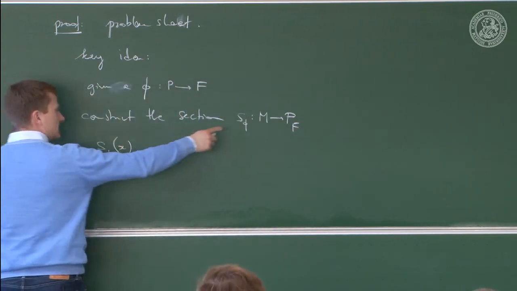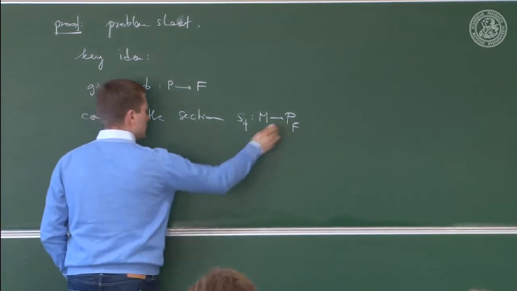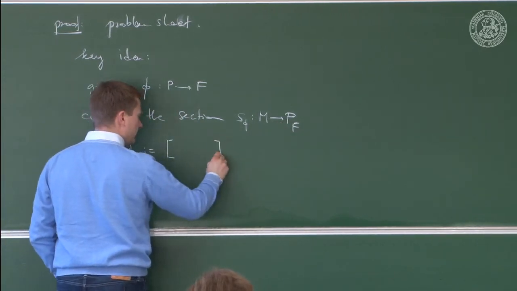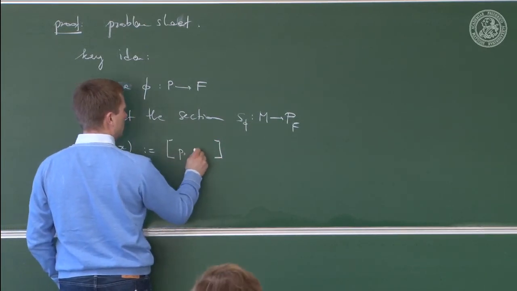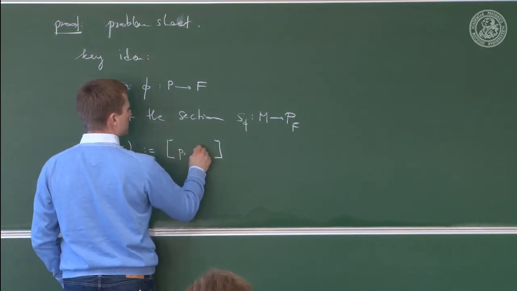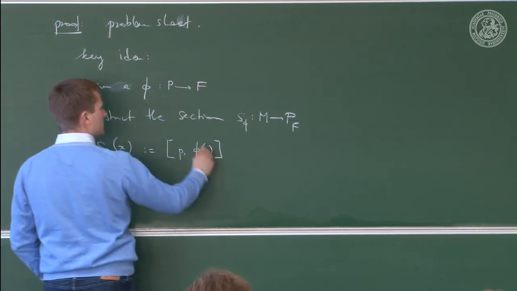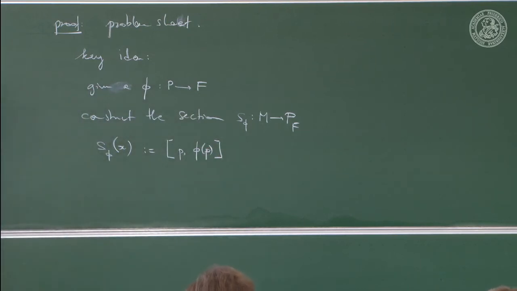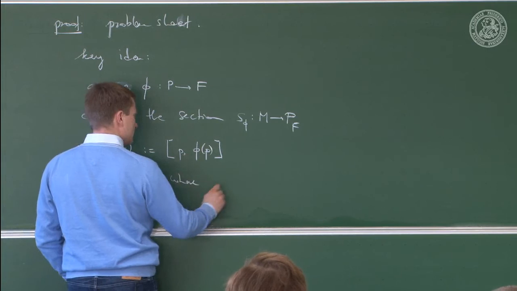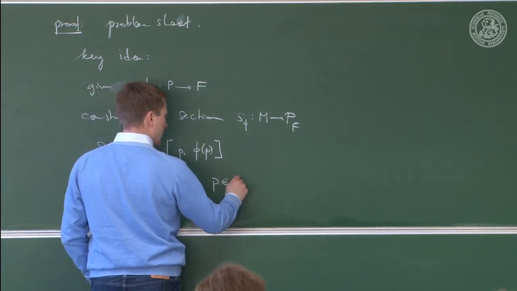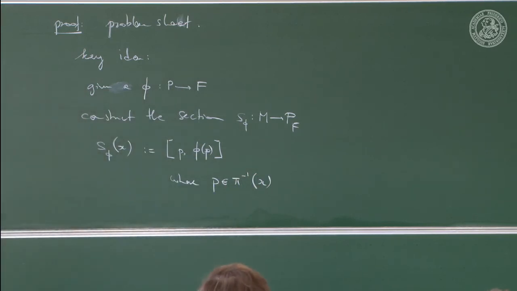At a point x in M, define this as a point in P_F that consists of p and phi of p, because phi yields an element in the fiber F, where p is any element in pi inverse of x.